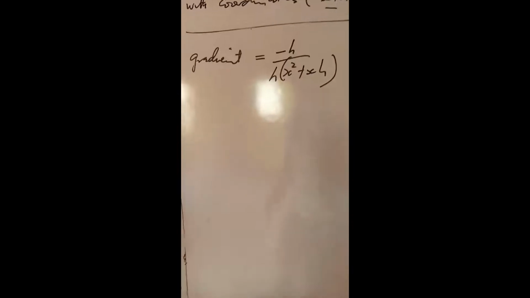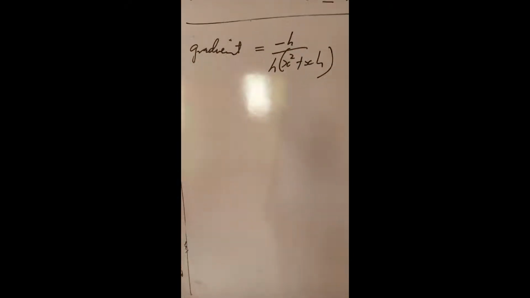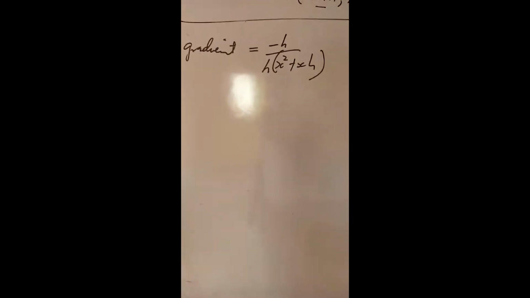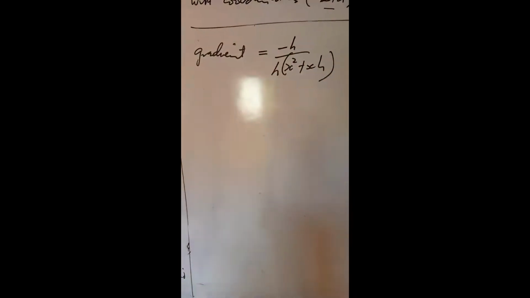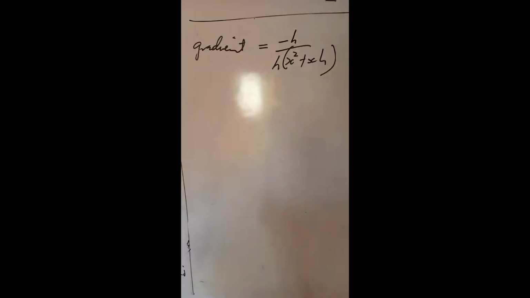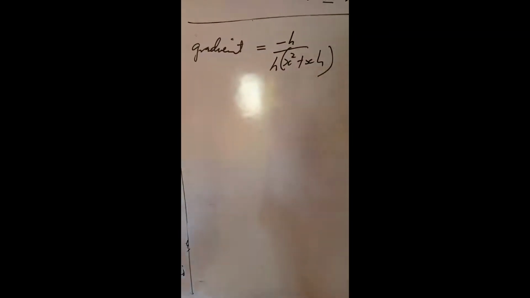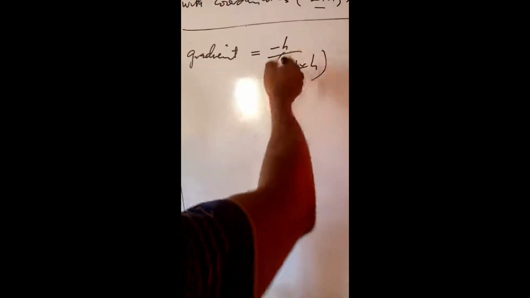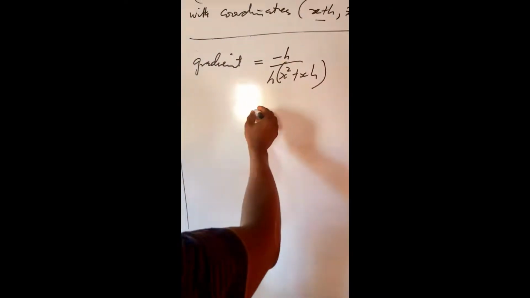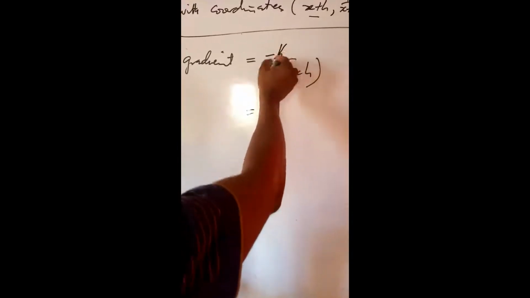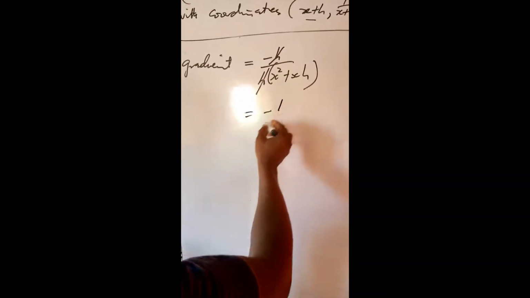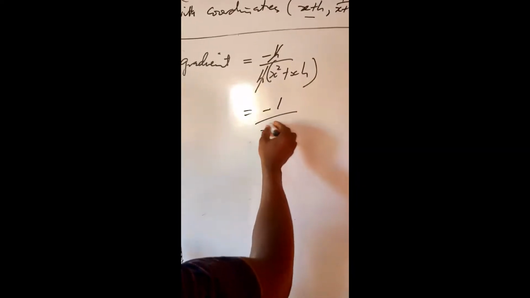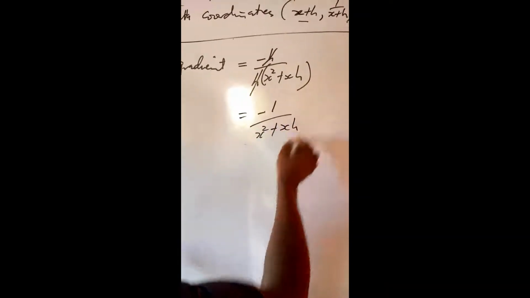Now what we have said is that the gradient function, the gradient function of the limiting function, is equal to minus h all over h into x squared plus xh. Now, what we need to do is to see how we can cancel out the common factor. This one is common, this one is common. So which means you have minus 1 all over x squared plus xh.